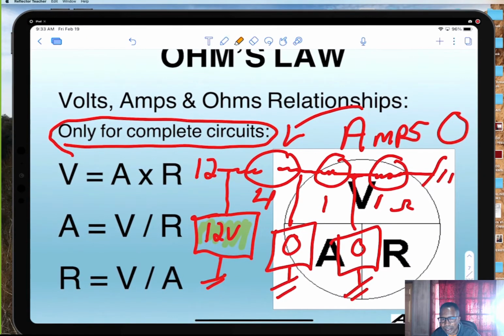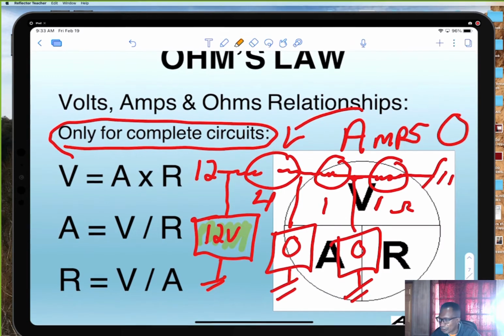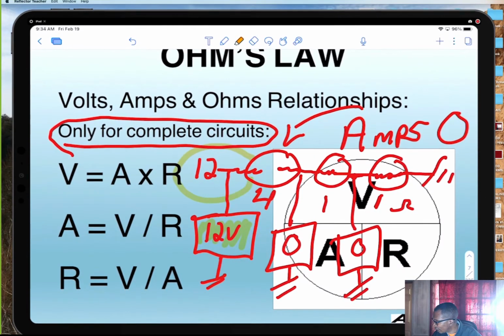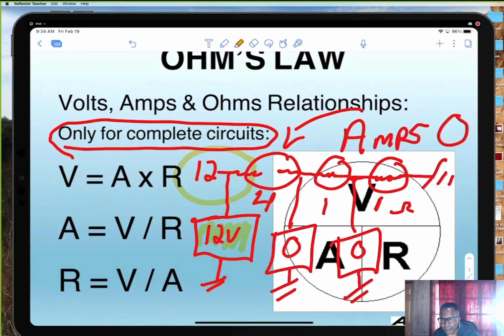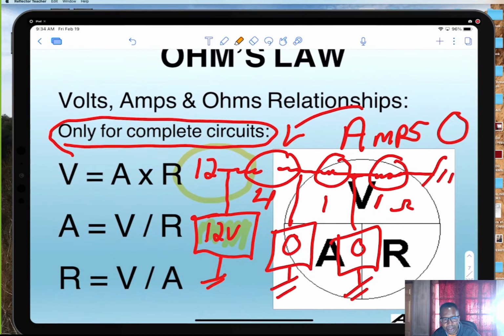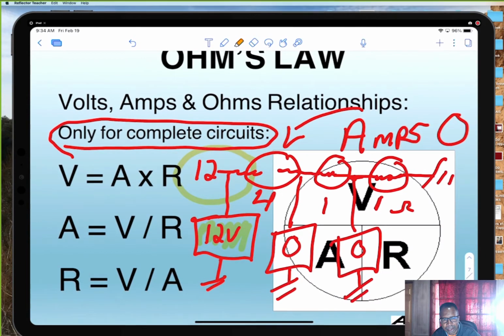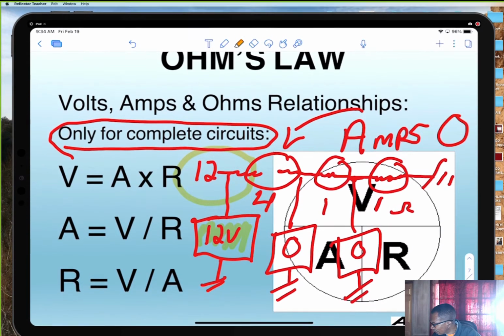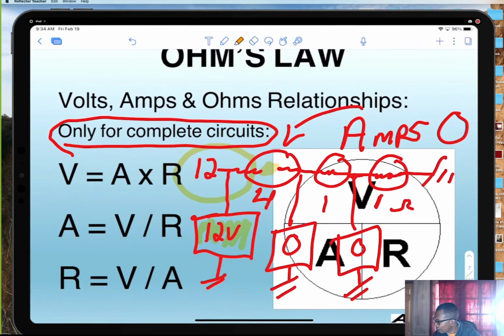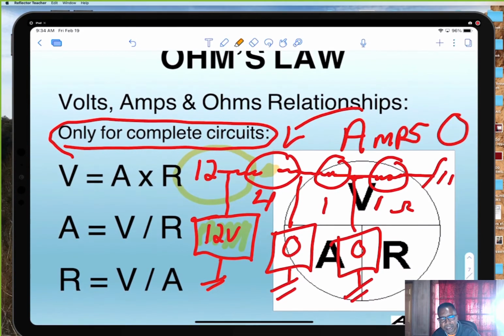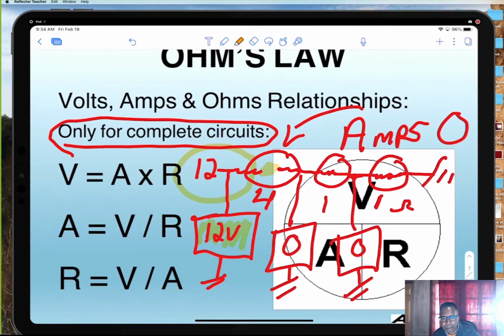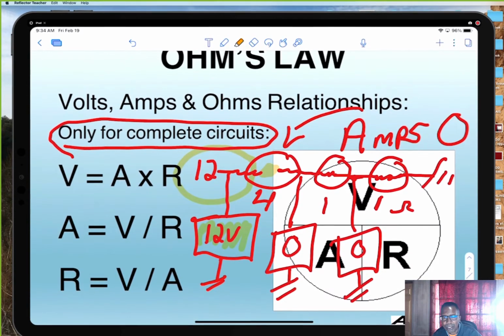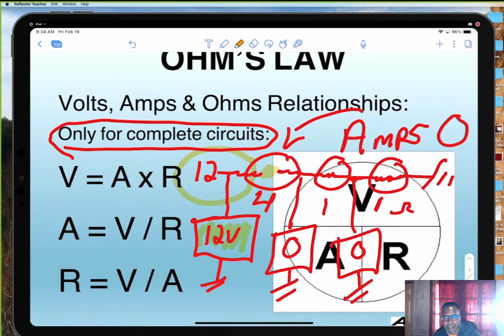It's source voltage, or potential, because between those 2 points there's no break. But at this break here, voltage stops, so on the other end of it, it's going to be 0. And in order to have current in a circuit, you have to have a complete circuit.